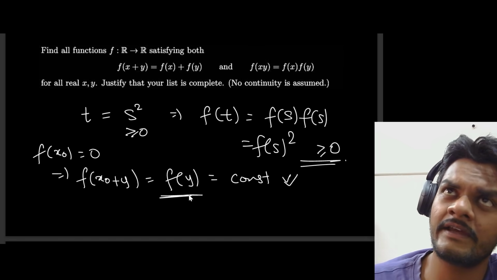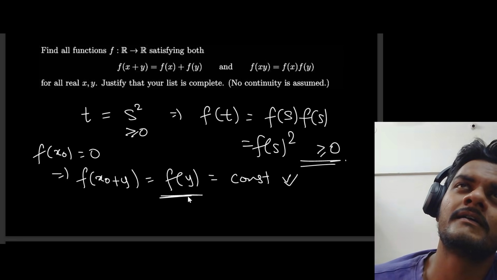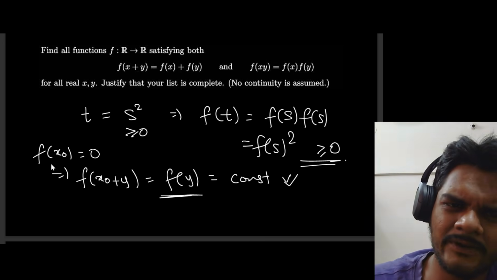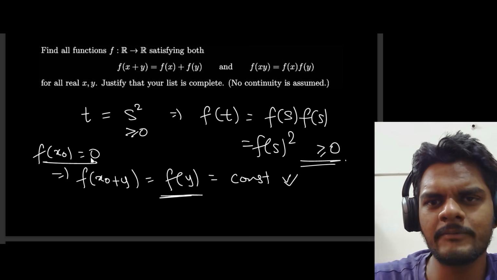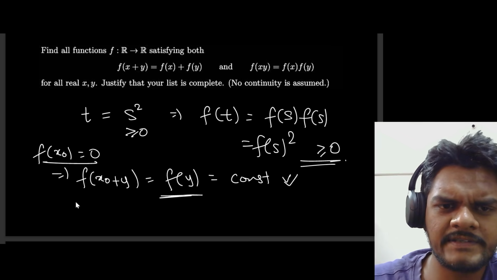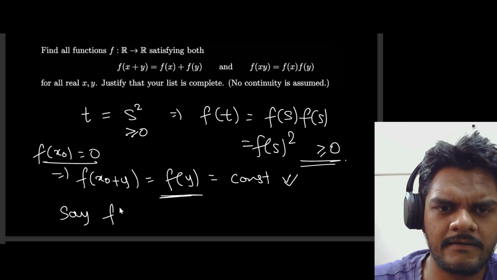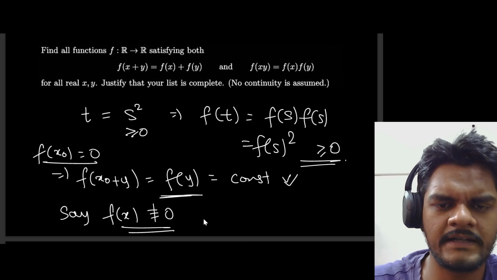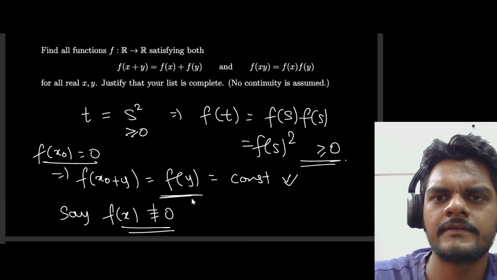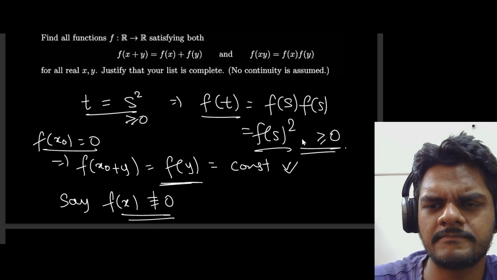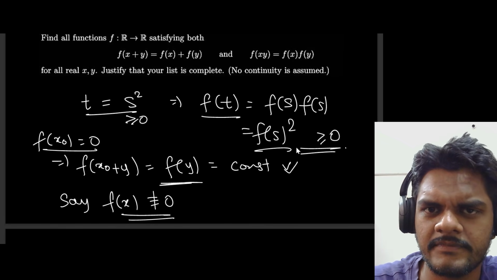For all values of y, I am getting the same thing, so that will be equal to 0 because f of x naught is 0. So I'm removing 0 as a possibility. Let's say f of x is not identically equal to 0, right? So with this basic information, I can have this.